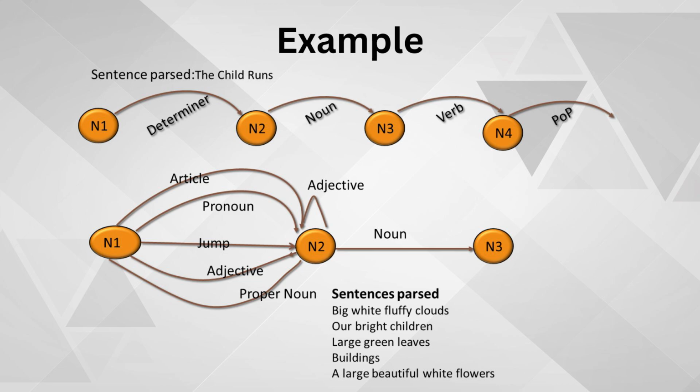All the examples given here will be syntactically correct under the given transition network. As we see, the big white fluffy clouds, our bright children, a large beautiful white flowers, all these are valid sentences that can be traversed through the given transition network.